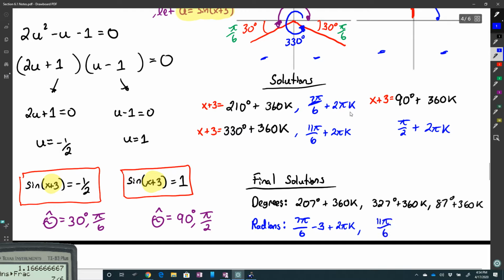It seems kind of silly, but there are numbers that don't mix. So if you want an exact solution, all you can do is just put -3 next to it. And then pi over 2 -3 plus 2 pi k.